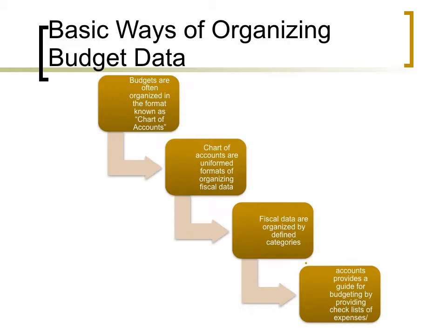Now, GASB also recommends governments have specific ways as to how they organize their budget data. Oftentimes, governments will organize their data in what we know as a chart of accounts. Charts of accounts are uniform formats of organizing fiscal data, organized by categories and by accounts, and they provide a guide as to how governments will record their expenditures, revenues, and fiscal transactions.